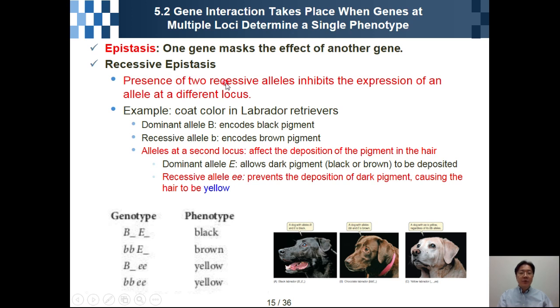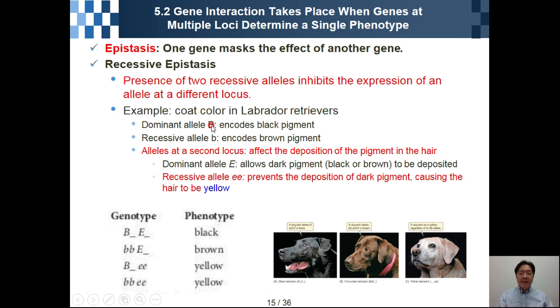Presence of two recessive alleles inhibits the expression of an allele at a different locus. So the presence of the recessive ee inhibits the expression of the large B or small b.